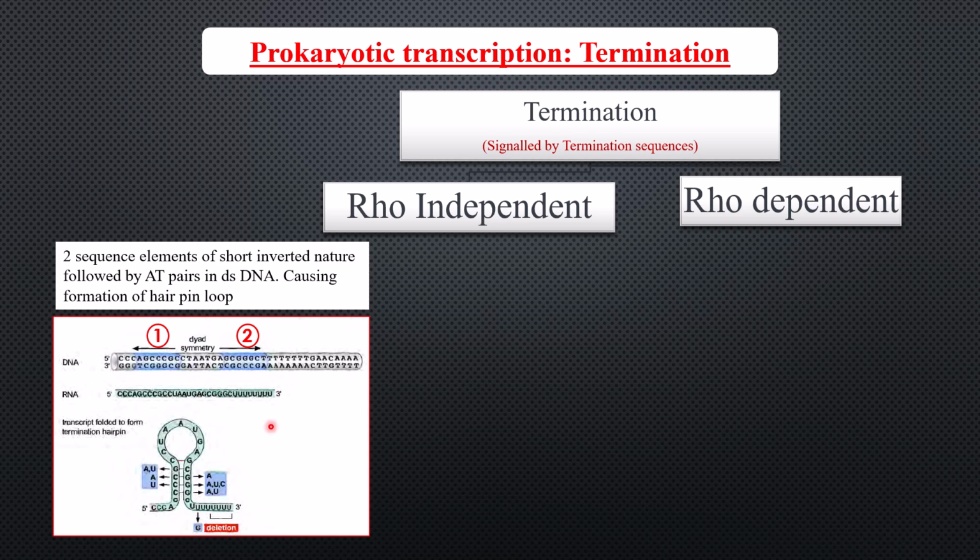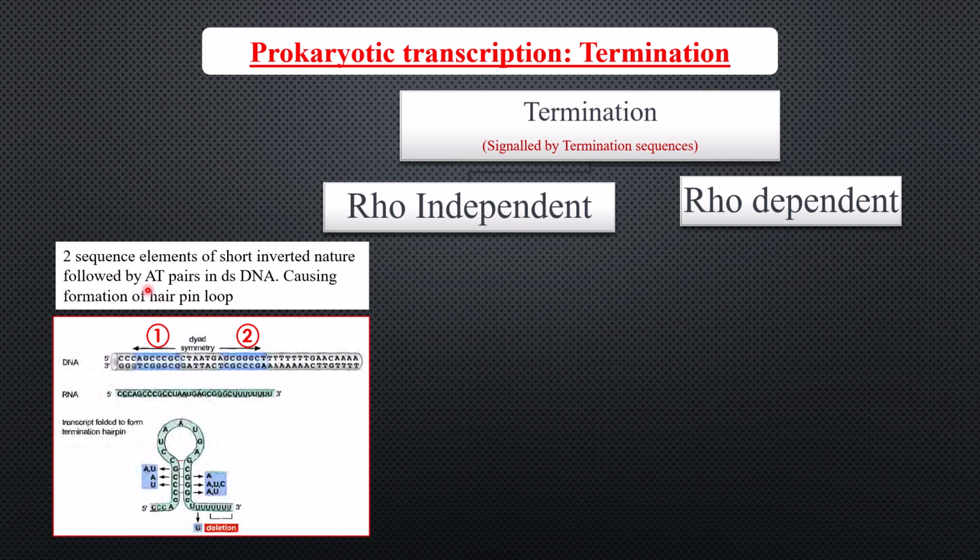Because of this inverted arrangement, once these sequences are transcribed, they will have a tendency to form a pairing. Since these sequences are complementary to each other when transcribed, they create a hairpin like structure. And it is followed by what?